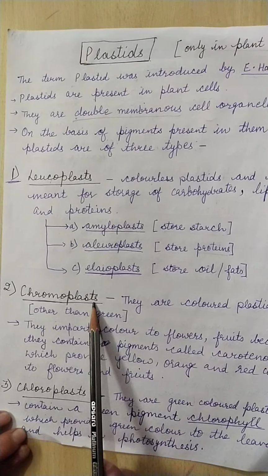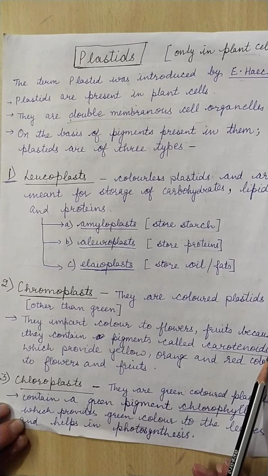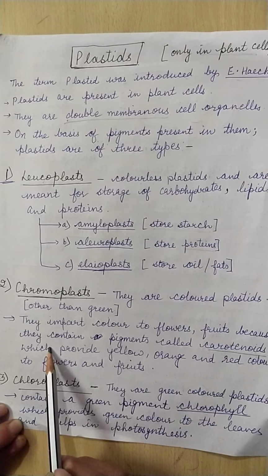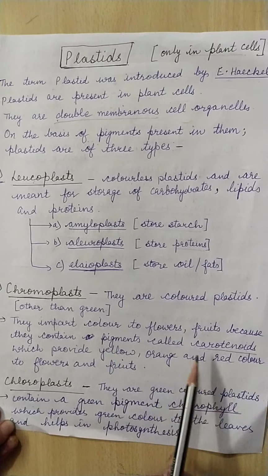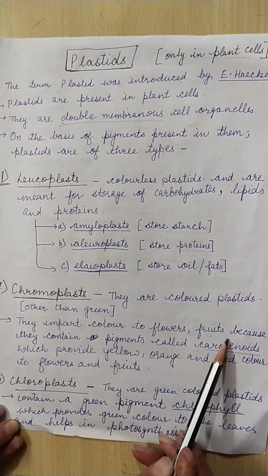These are colored plastids. They are colored other than green: red, orange and yellow. They contain colored pigments called carotenoids and xanthophylls, which provide yellow, orange and red color to various flowers and fruits.